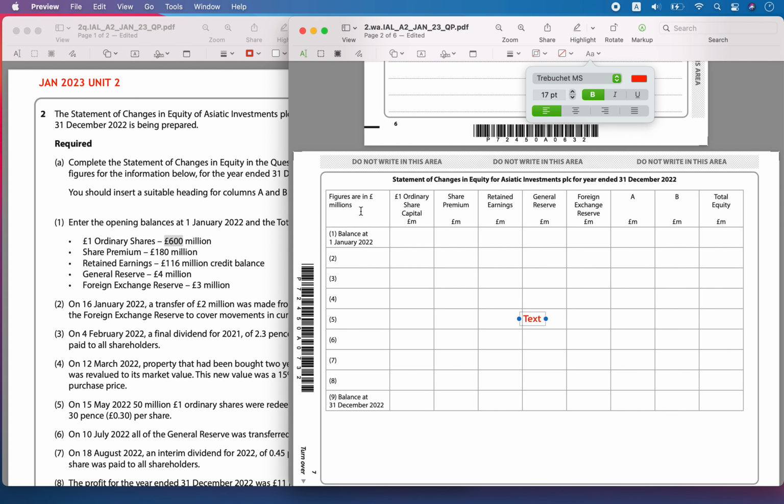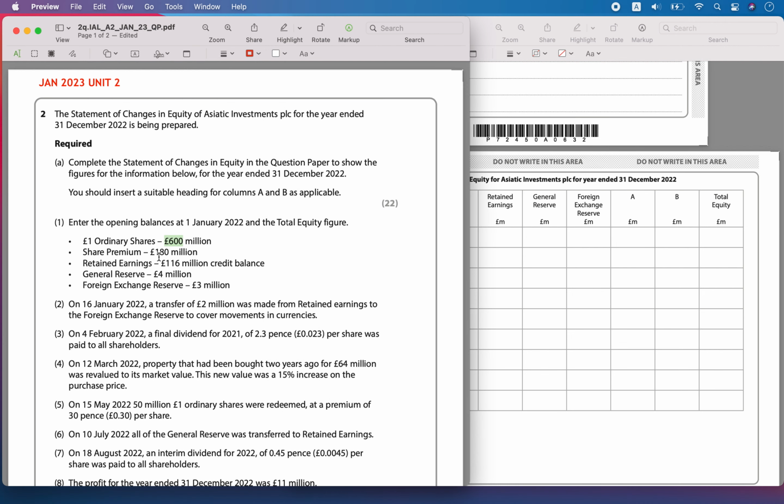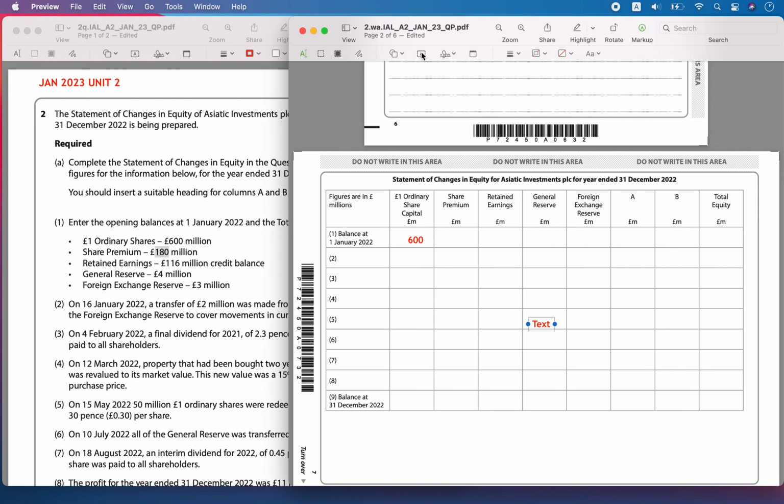You will not enter the full figure because this is expressed in millions. It is 600 million. That's the ordinary share capital. And then it says share premium is 180 million pounds, so let's write that in the share premium.